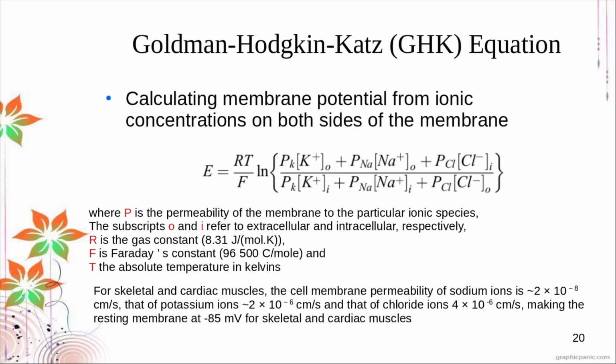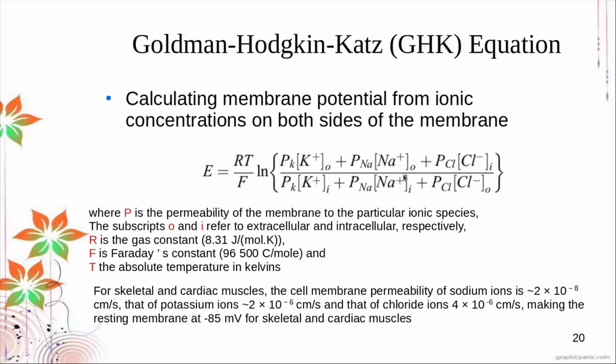Our membrane potential is equal to RT over F, where R is the gas constant, T is the temperature in Kelvin, and F is Faraday's constant. This is derived from electrochemistry. Then ln of the ratio of the concentrations outside and inside. So just add all of the ions and their permeabilities.